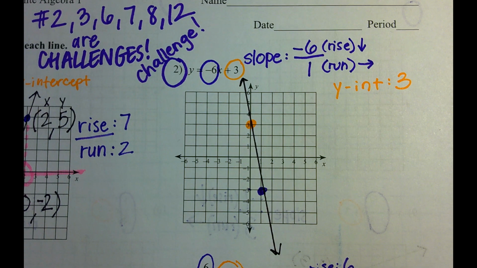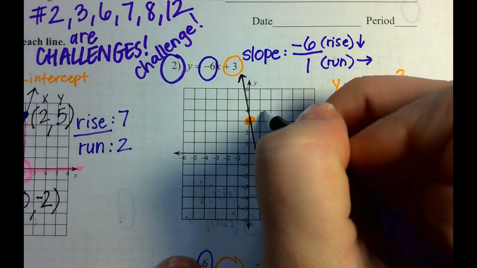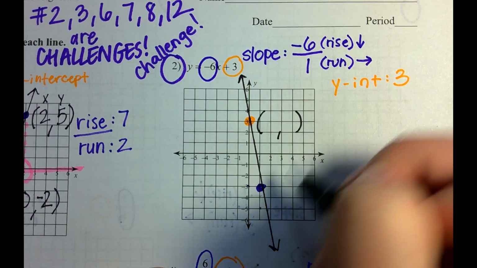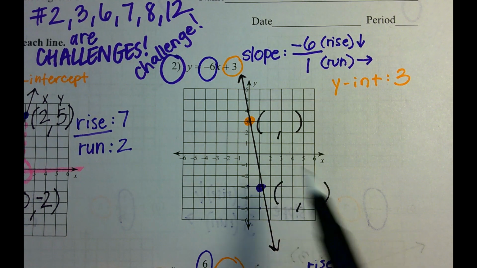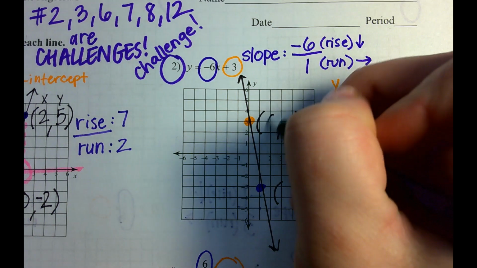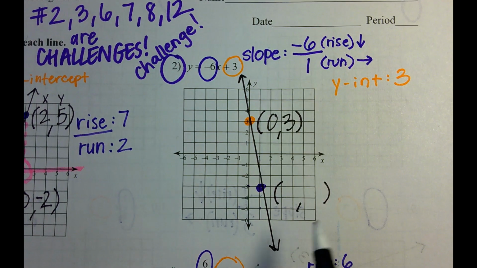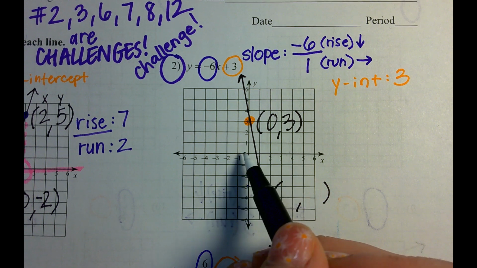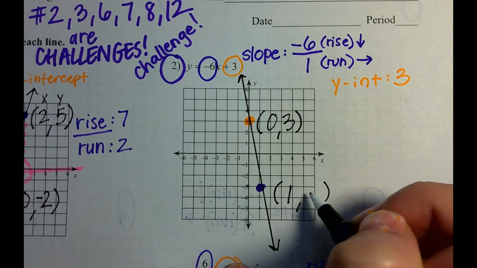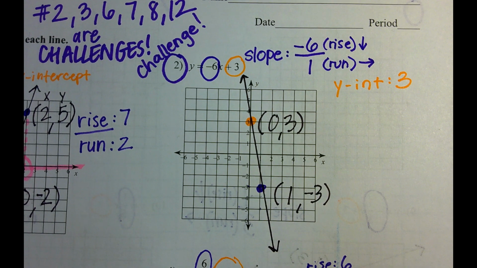So let's name our coordinates. What's that first point? Perfect, 0, 3. And how about the second one? Is it 1, negative 3? Yes, that is perfect. 0, 3, and 1, negative 3.